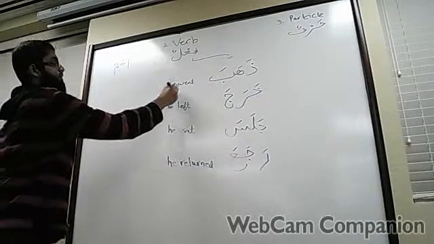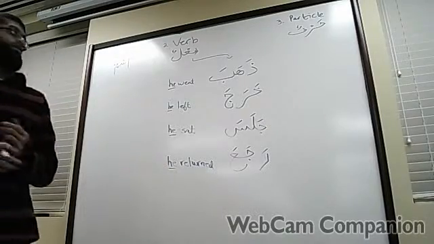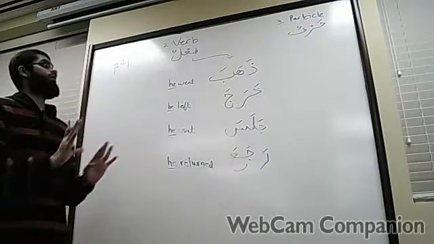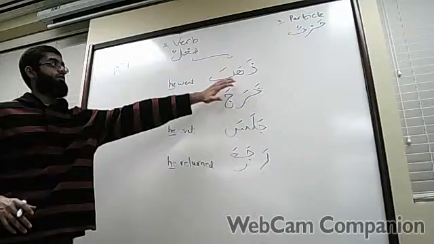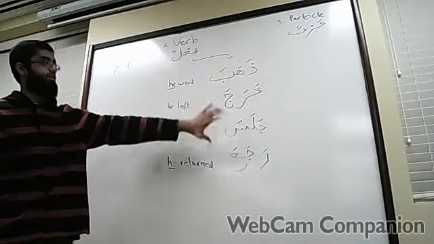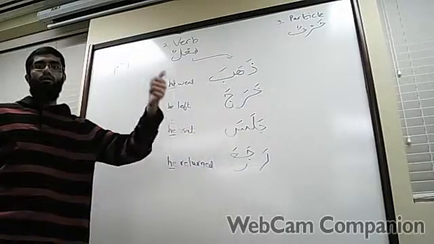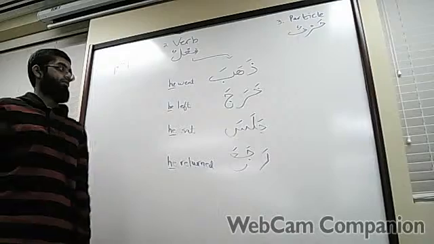Everything is third person, masculine and singular, right? So we're starting out with he. The way that I'm writing this verb is only when I'm talking about a person who's male and it's just one person and they did something in the past. Okay?